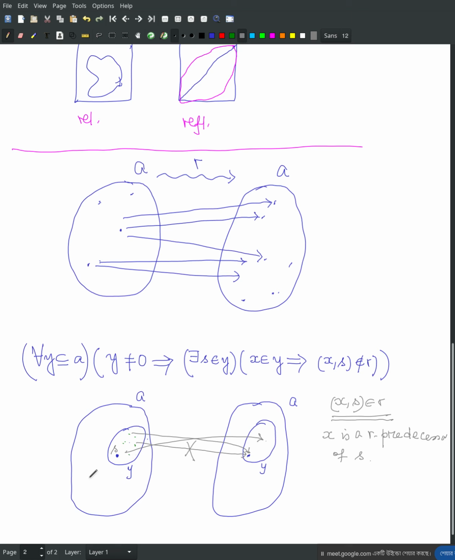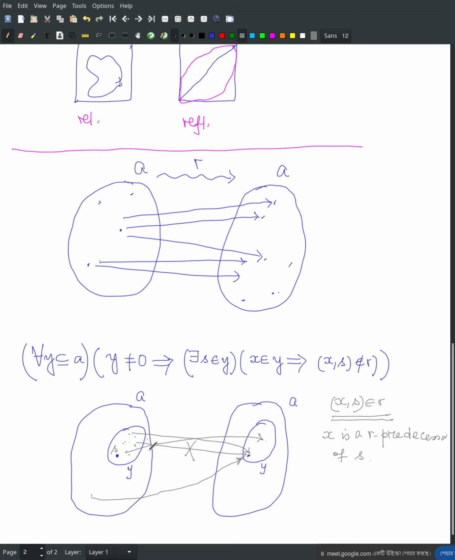Well, it can be the case that from outside you can reach this. That I am not telling you. That is possible. But for each subset Y, you do not have anything in that set which is a predecessor under that same relation to S.